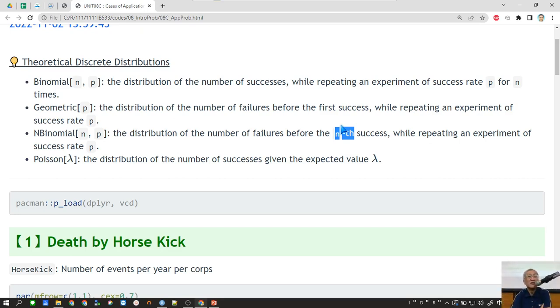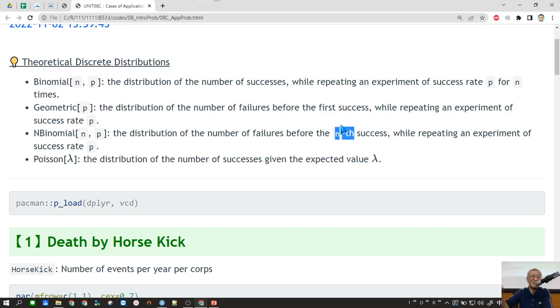But does it include the failures between the 4th and 5th, and the 3rd and 4th? Yes. For example, I flip a coin and I want to get 5 heads. Not consecutive, no need to be consecutive.